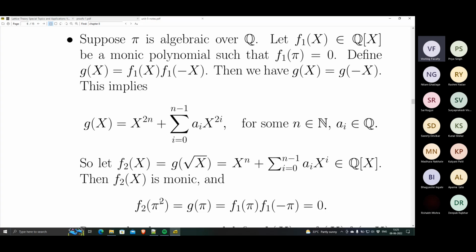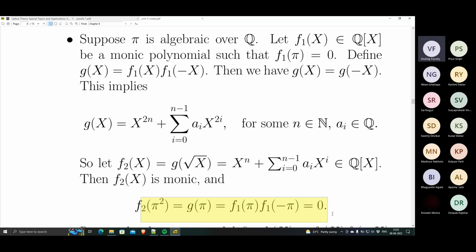There is an algebraic element. Therefore, there's a monic polynomial which vanishes at that point. Using that monic polynomial, we have constructed a new monic polynomial which vanishes at the square of that point. Therefore, the square of that element is also algebraic, right?